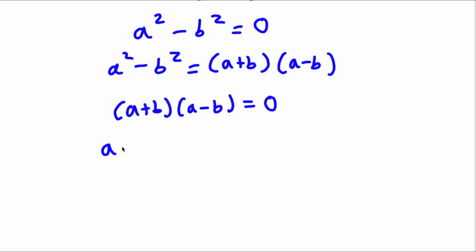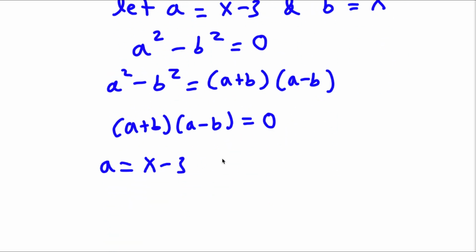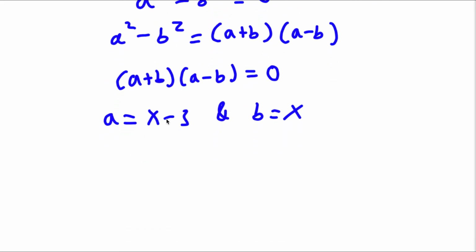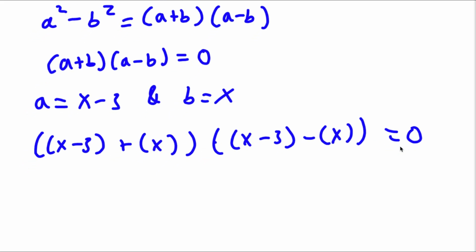Now remember how we said a was equal to x minus 3, and b is equal to x. So now if I plug these values in for a and b, I get (x minus 3 plus x) times (x minus 3 minus x), and this is equal to 0.